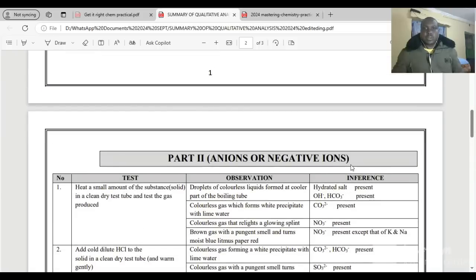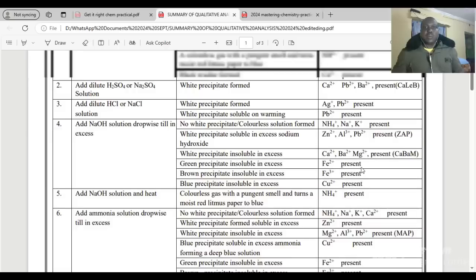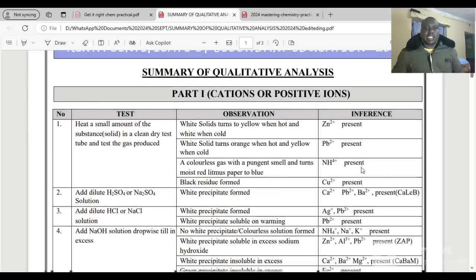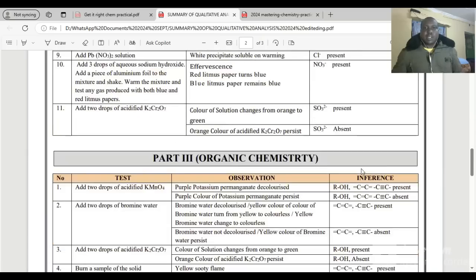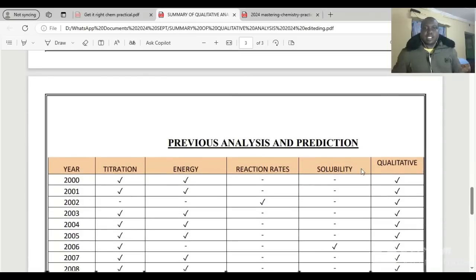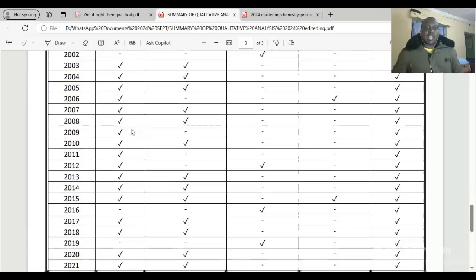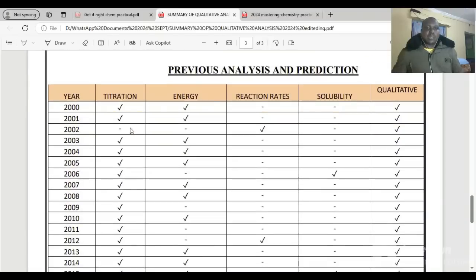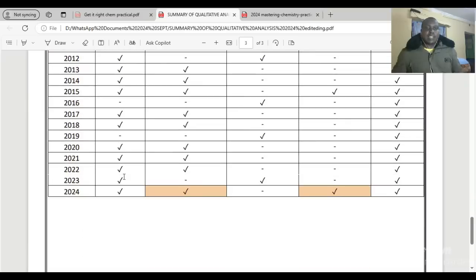I want to take you through chemistry paper 3 before we do organic analysis, inorganic analysis, qualitative analysis. I want to first take you through the prediction since all of the setting. From the year 2000, the iteration has missed how many times? 1, 2, 3.